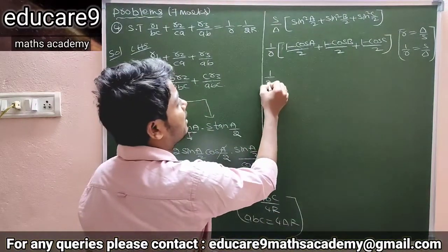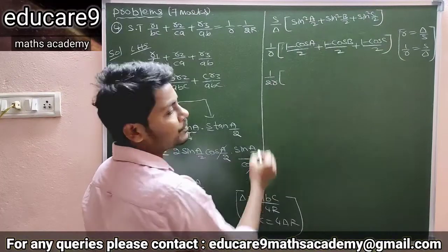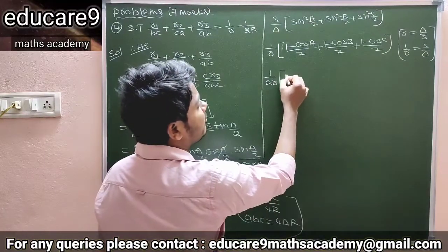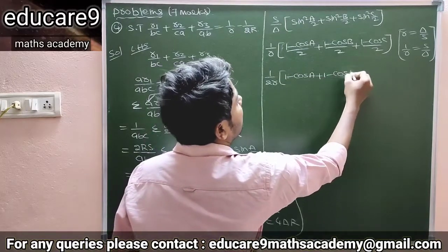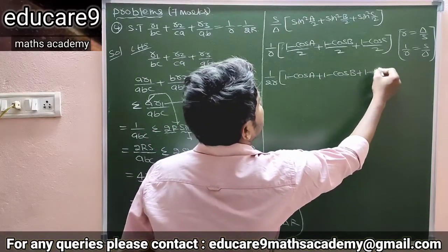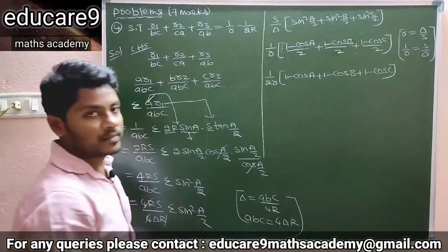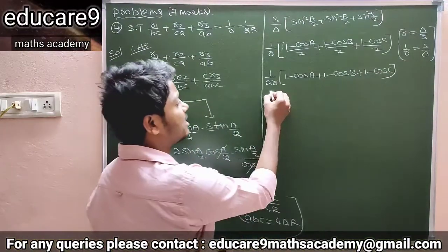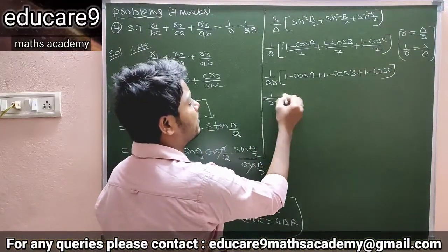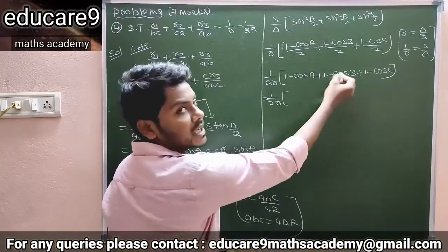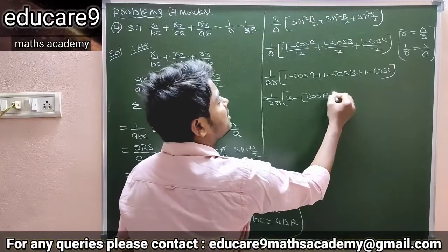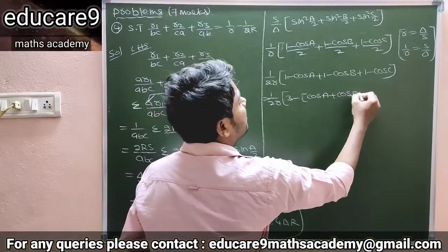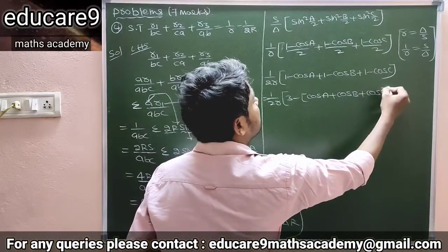That is 1 by 2r into, so what you get? 1 minus cos A plus 1 minus cos B plus 1 minus cos C. Again this can be written as 1 by 2r into 1 plus 1 plus 1, 3. So minus is common, you will get cos A plus cos B plus cos C.